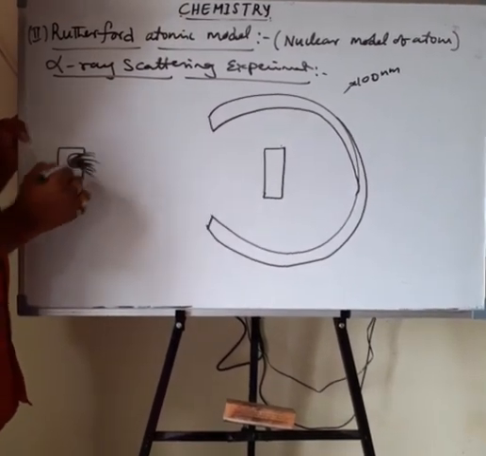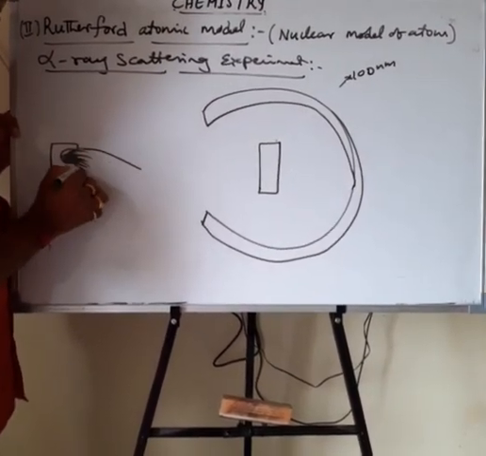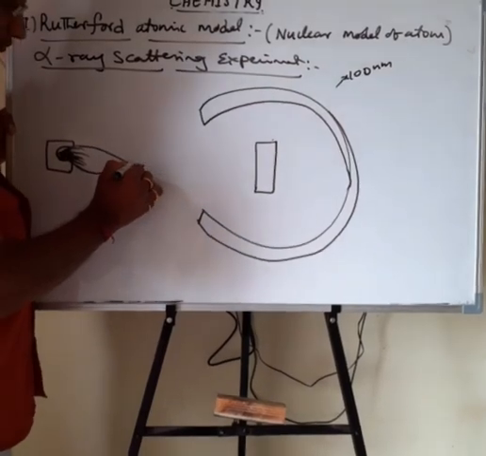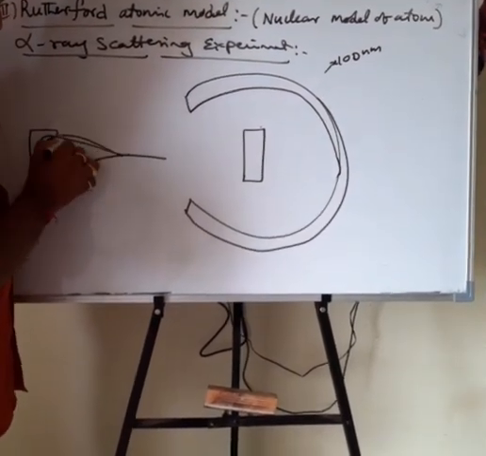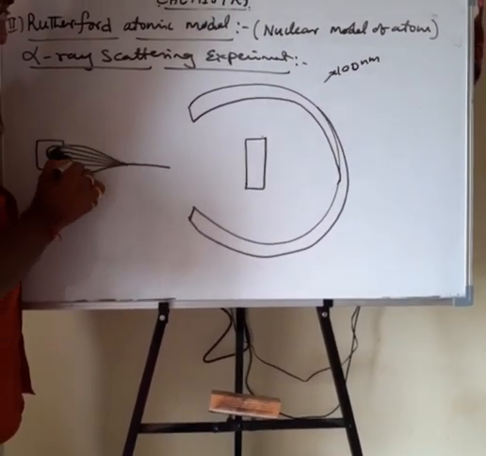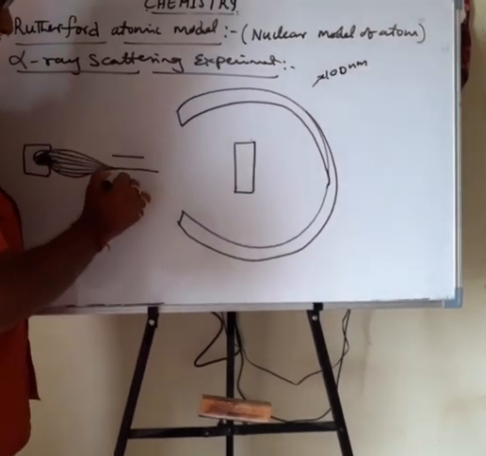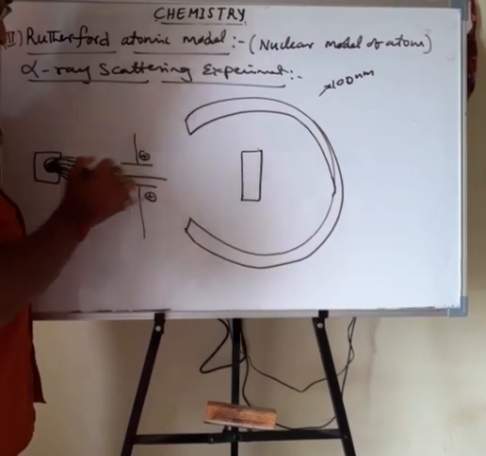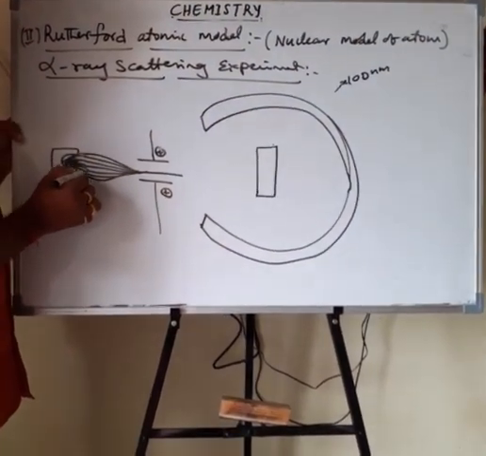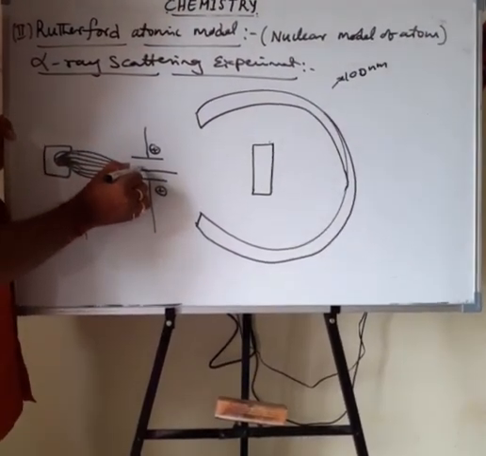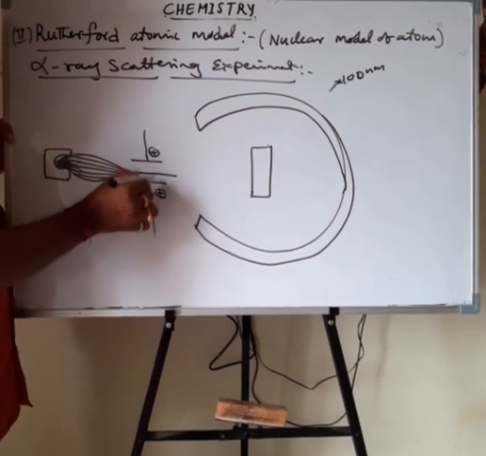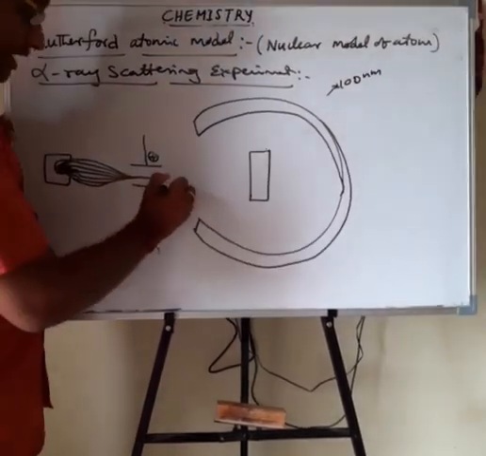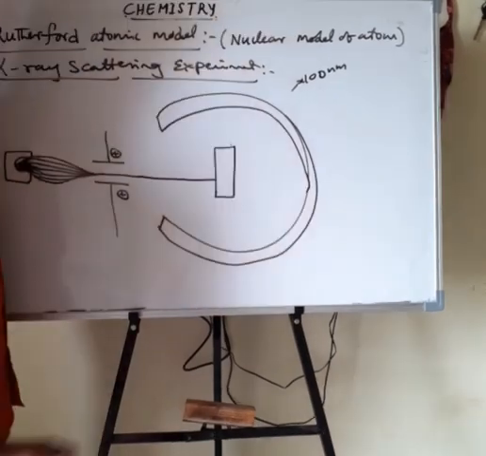The accelerated alpha particles are condensed to a narrow beam when passed through the two positively charged parallel plates, and directed towards the gold foil.